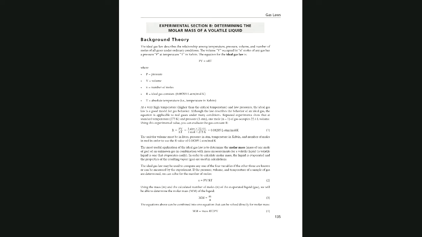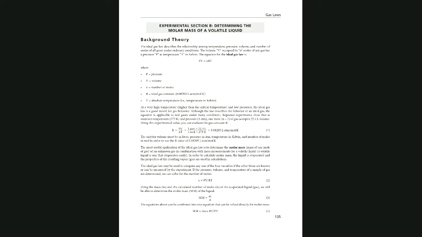In this part of the experiment, we are only using the ideal gas law in order to identify the molar mass of the unknown liquid, which we first have to change to a gas. We assume it is going to behave ideally in the vapor phase, and use the ideal gas law to find the molar mass.